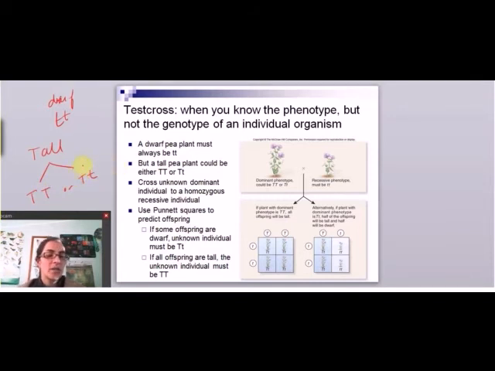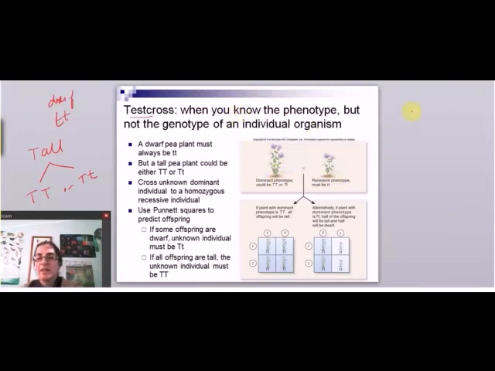And so if you just walked up to some flower one day and you didn't know what its parentage was, you wouldn't be able to tell if it was homozygous dominant or heterozygous. So one way to figure that out is a test cross. A test cross lets you figure out the genotype of an organism when all you know is the phenotype.